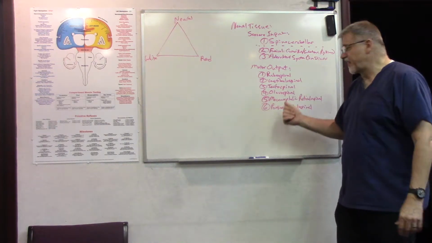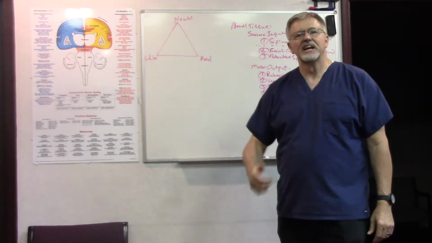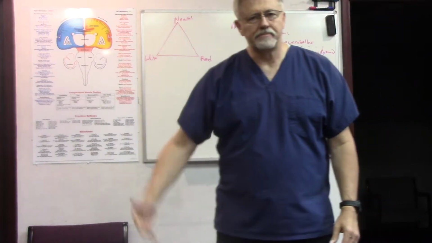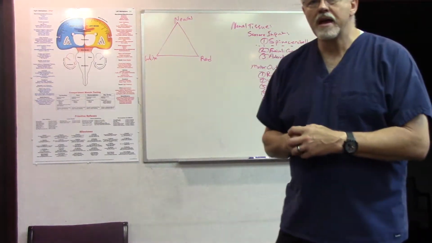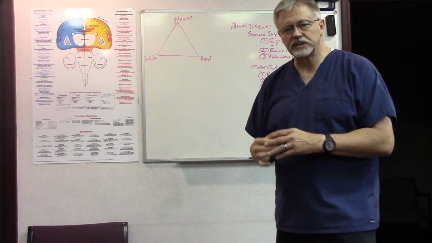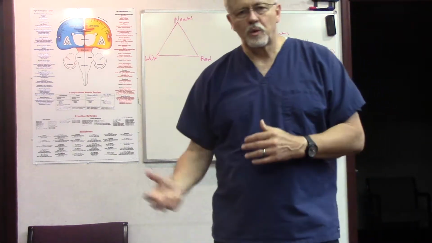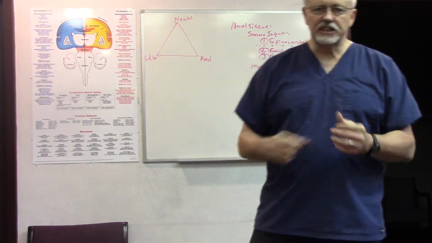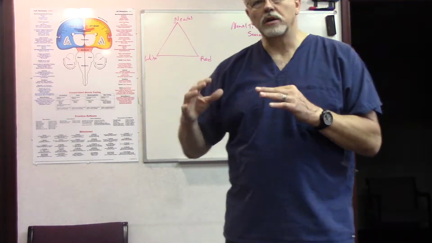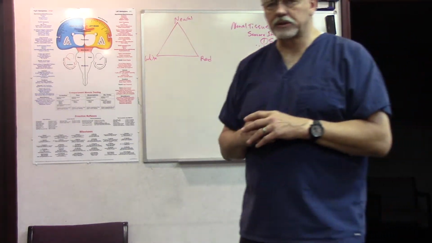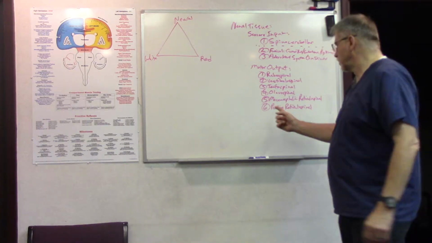The mesencephalic reticular formation is the sympathetic motor output, sympathetic nervous system. Whereas the pontine reticular system is the parasympathetic response. That's the rest, recovery, relaxation, digestion, breathing. I mean, all of those things come under that parasympathetic response, and it comes through that system.